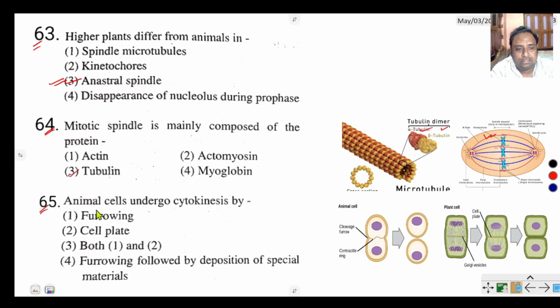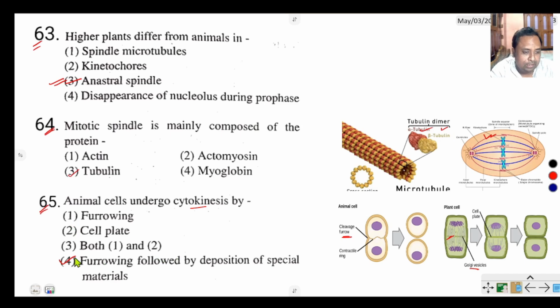Question 65 says animal cells undergo cytokinesis. Cytokinesis means division of the cytoplasm. In the case of an animal cell, a furrow or cleavage is formed, but in the case of a plant cell, a cell plate is formed. The cell plate is composed of Golgi vesicles, phragmoplast, etc. But a furrow is produced in animal cells, followed by deposition of special materials.